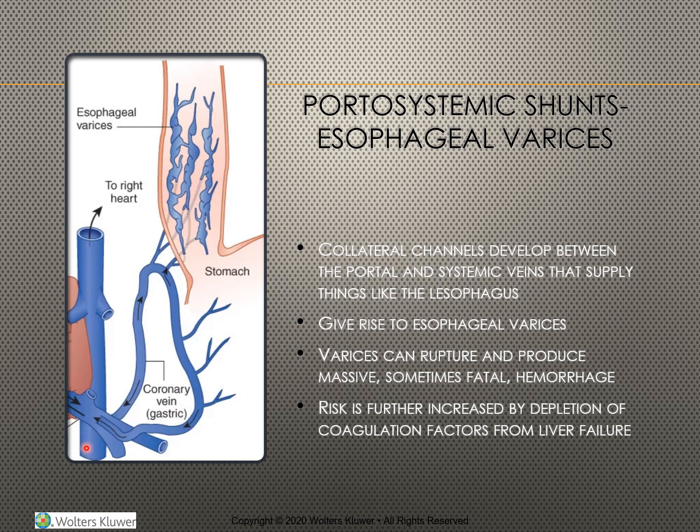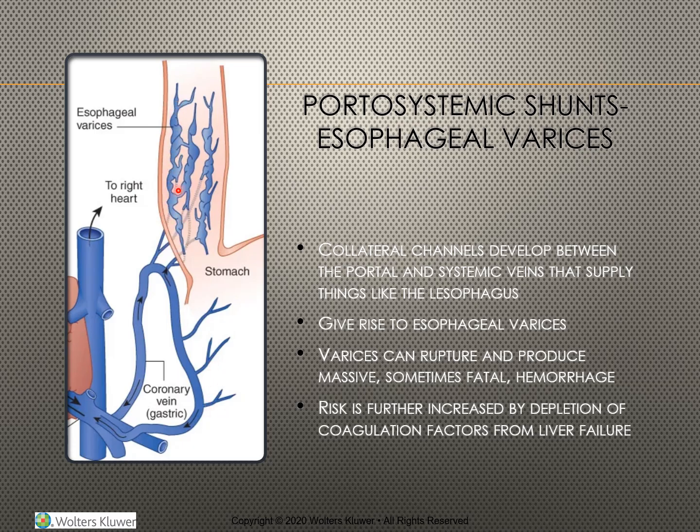Here is the portal vein itself, and coming off the portal vein is the coronary vein, or the gastric vein, that supplies blood to the stomach and to the esophagus. And as blood starts to back up, it creates all of these little collateral or shunting vessels. That's what you see here. And blood backs up into those.